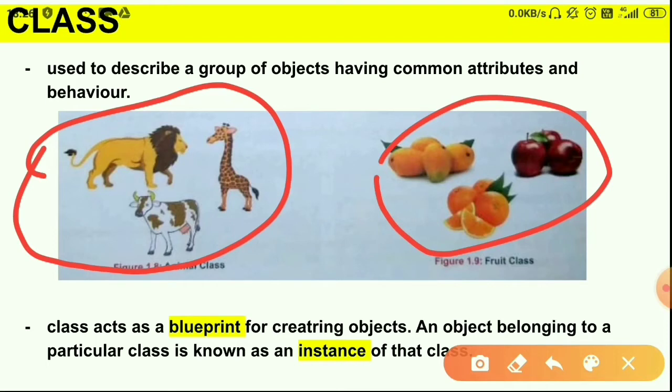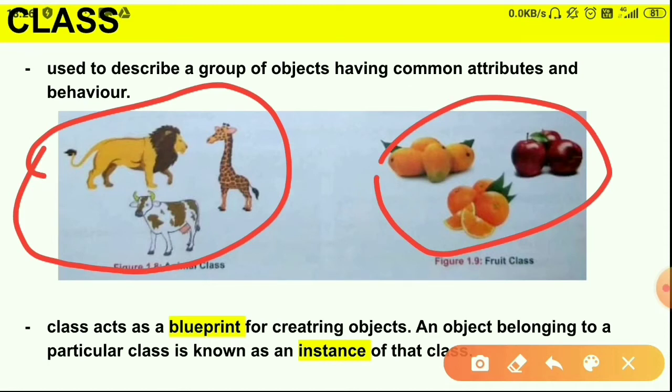The animal class will have all the common attributes of all the animals. So what are the common attributes? The common attributes can be like the color of the animal, name of the animal, right? And what could be the common behavior for all of them? The common behavior could be eat, run, sleep, work, defend, isn't it? These are the common behaviors.